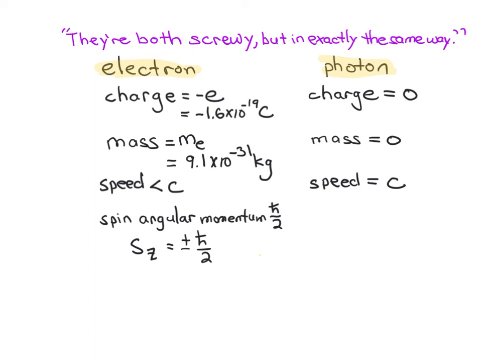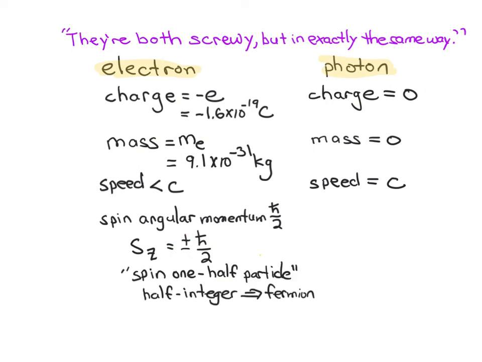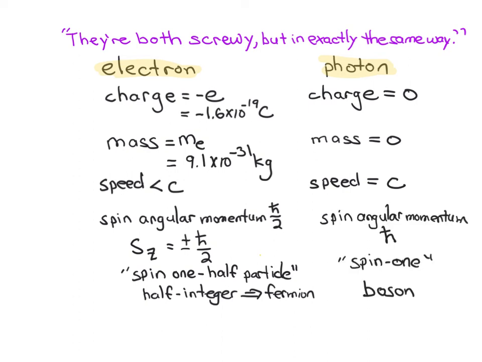Or more specifically, if you measure the component of the spin angular momentum along any particular direction, you either get plus or minus h bar over 2. And the fact that the spin angular momentum associated with an electron is a half integer is very important. It means electrons are examples of what are called fermions, and that has important implications down the road.